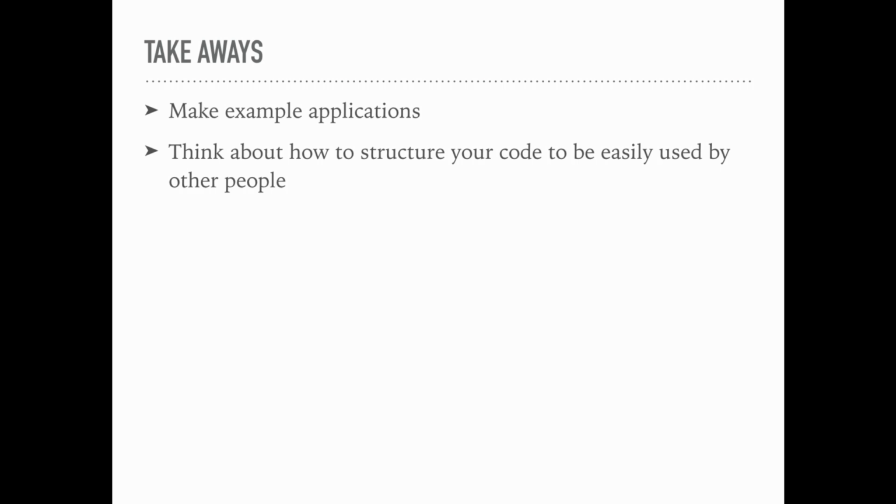It's really easy when you're making something for yourself to just do what makes sense to you, but think about, okay, if I'm not me, if I'm somebody on the other side of the world who doesn't know me, what would I need to do in order to make this readable and usable by somebody who does not have the same background and experience that I do?